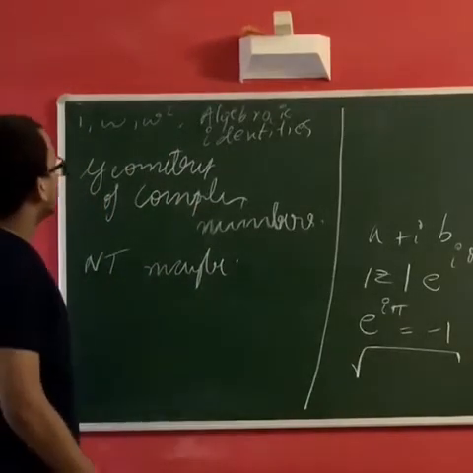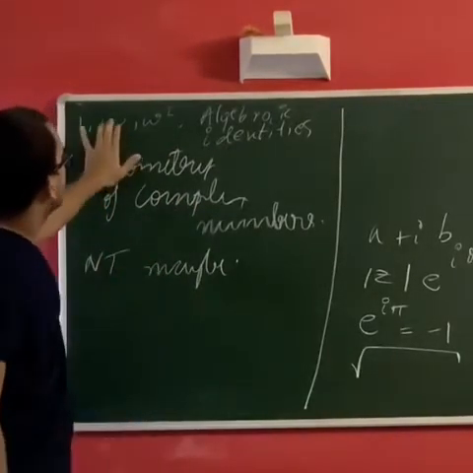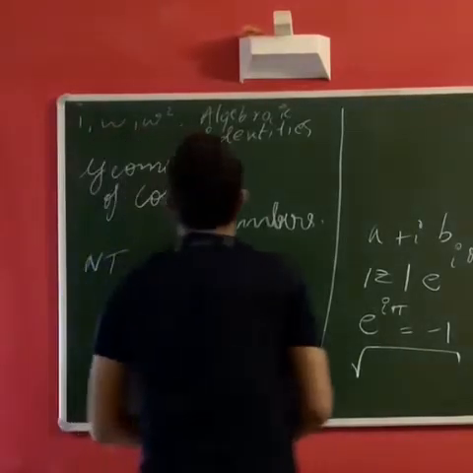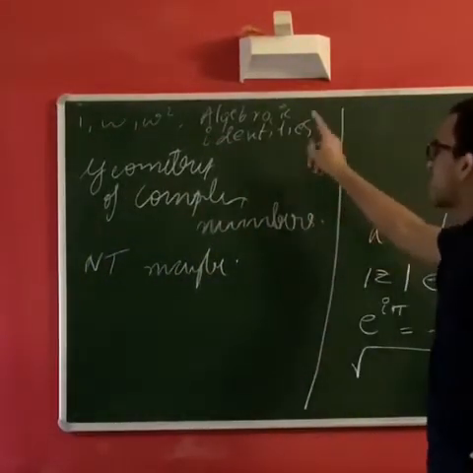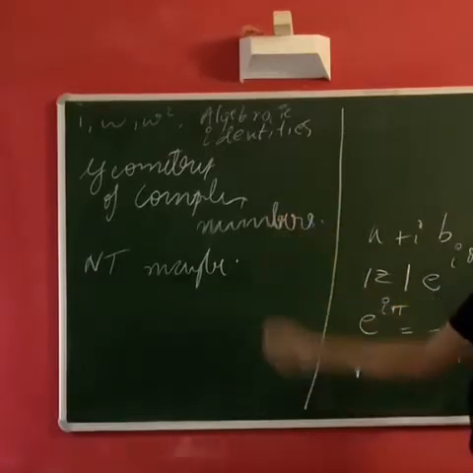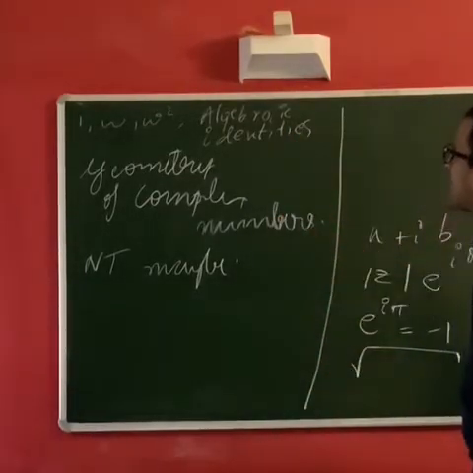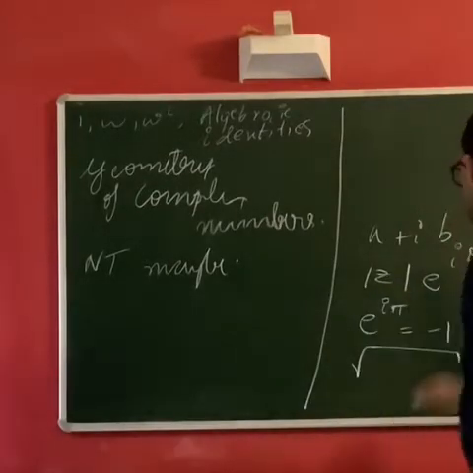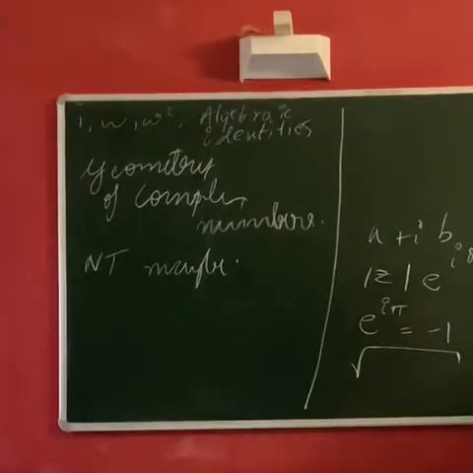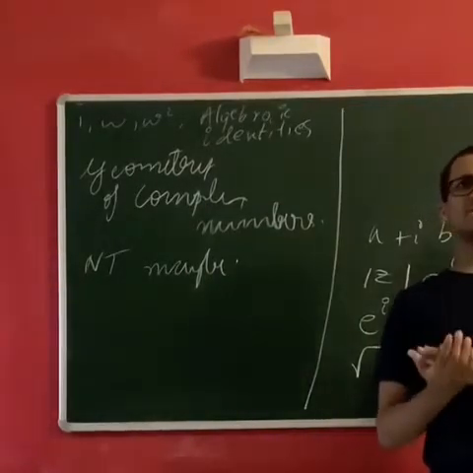In the second lecture, what we'll be doing is continuing with the cube roots of unity, and then I'll be talking about the algebraic identities, how we use cube roots of unity to understand algebraic identities better. And then we'll be looking at an interesting theorem called De Moivre's theorem, using this representation of complex numbers and a little bit of trigonometry.